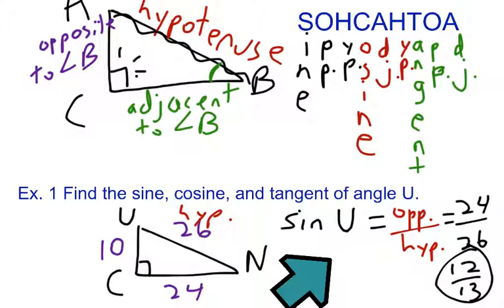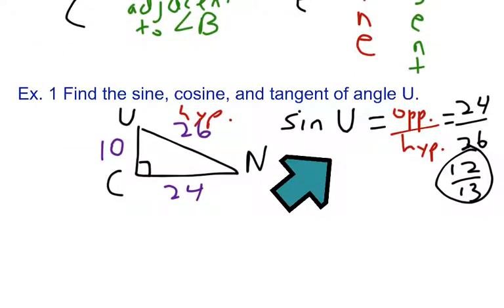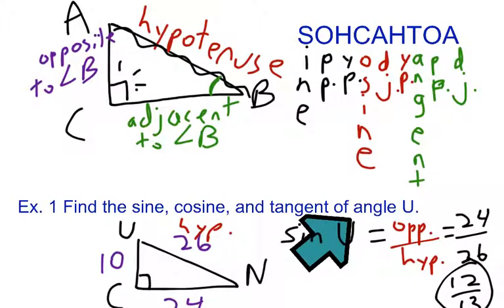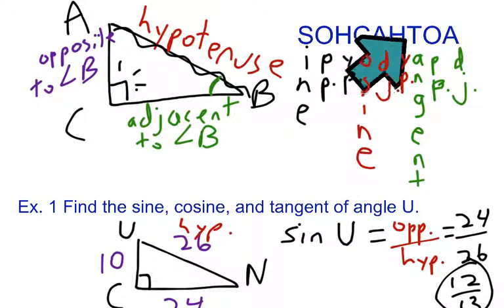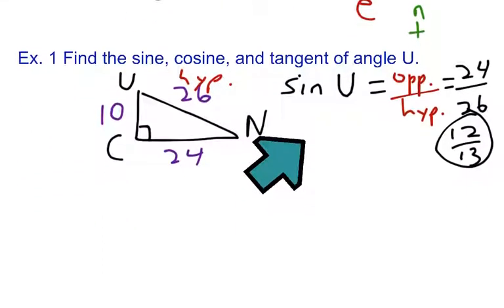Now we're on to cosine. And for cosine, remember it was SOHCAHTOA. I'll go back up there for a second. Cosine stands for adjacent over hypotenuse, the CA, adjacent over hypotenuse. So I'm going to write that relationship over here.